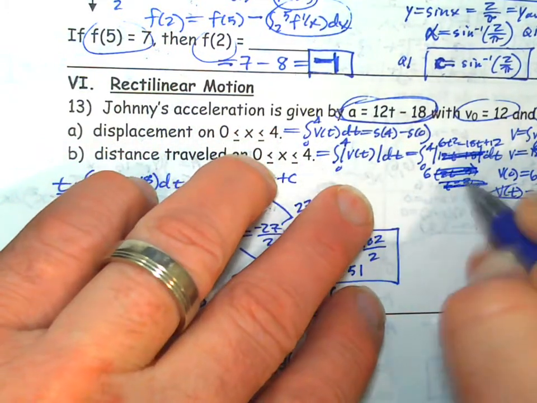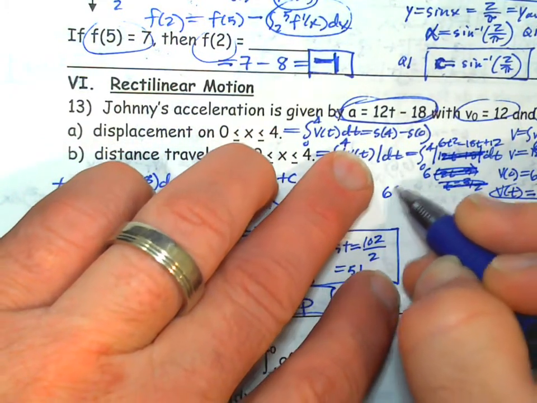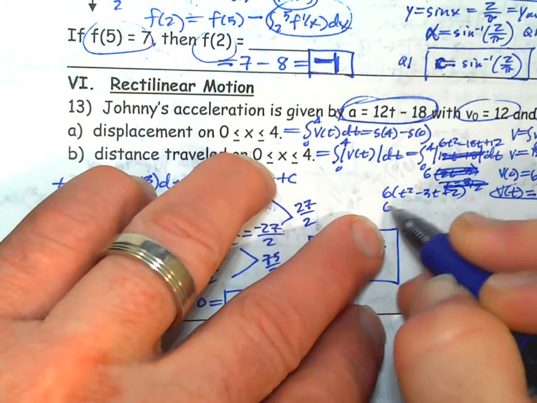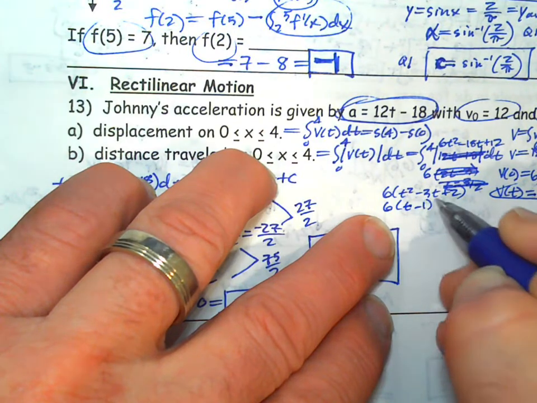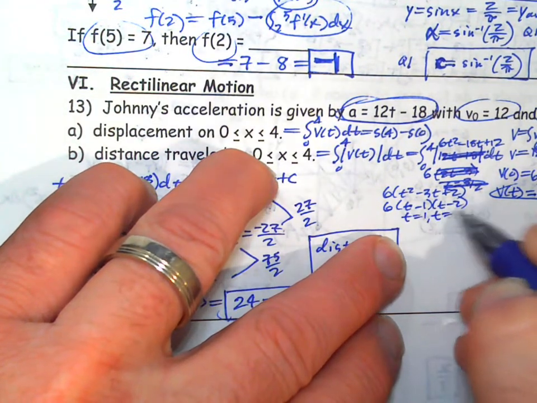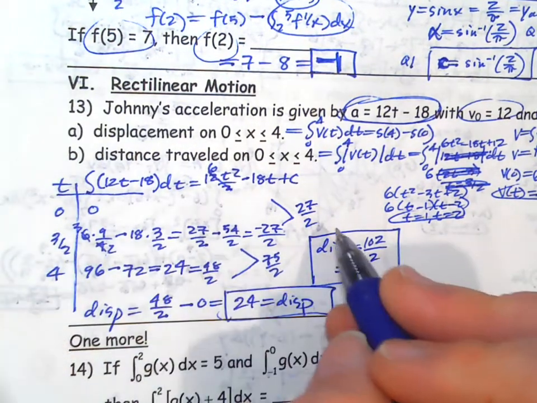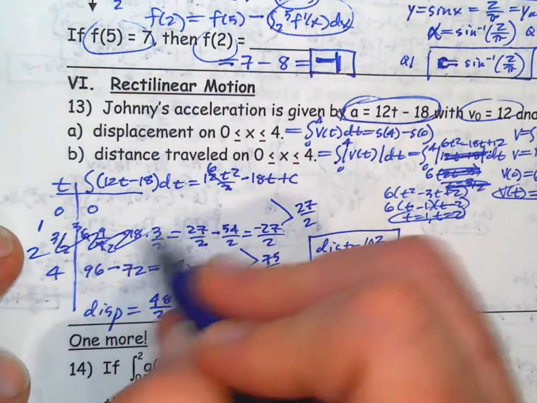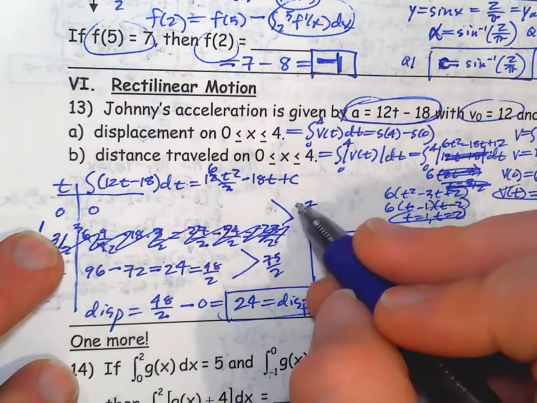So now finding the zeros of that, you'd factor the 6 out, t squared minus 3t plus 2. And that would be t minus 1, t minus 2. And you get t equals 1 and t equals 2. These are what we should have put in our table, 1 and 2. So this work just doesn't make sense.